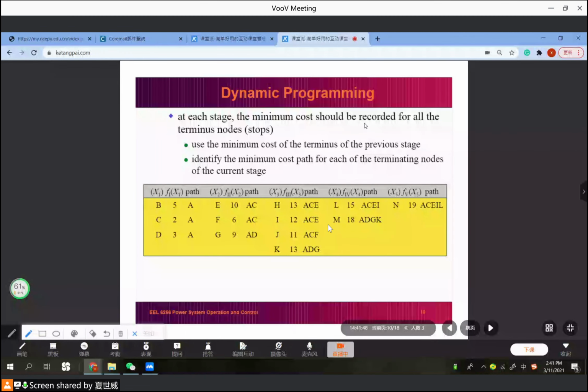So at each stage, the minimum cost should be recorded for all the terminal nodes. I have already conducted these steps for you. You will travel from A to B, the cost is 5, A to C will be 2, and A to D will be 3. And you continue for the second stage.